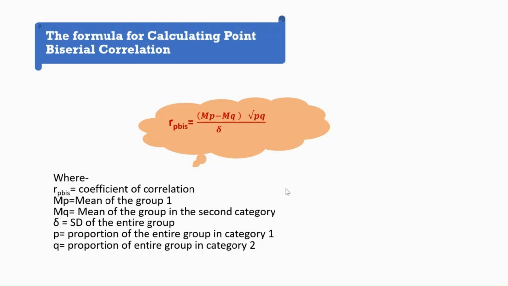And now the formula for calculating point biserial correlation; we will tell you about the formula which is used for the point biserial correlation. r point biserial is equal to Mp minus Mq upon sigma, into the square root of p into q.